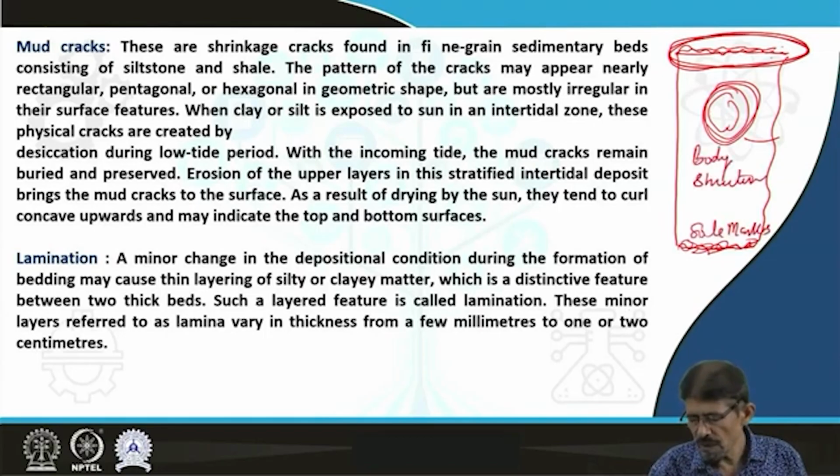Body structure and surface structure. If you try to visit any river side, in a point bar side or in a levee side, you can see varieties of structures. Among the surface structures, one of the most common is the mud crack. Then we have some biogenic imprints, like the footprints of birds moving in the morning nearby the river or the muddy zones.